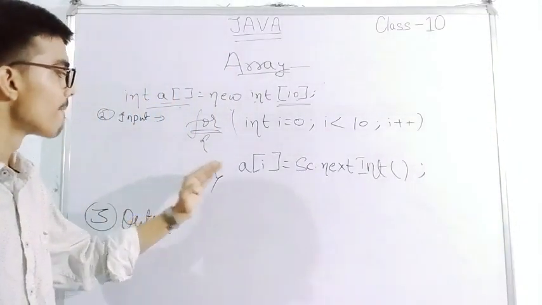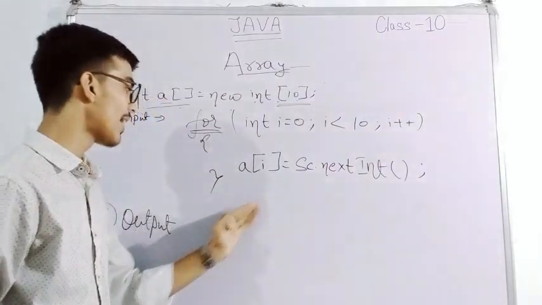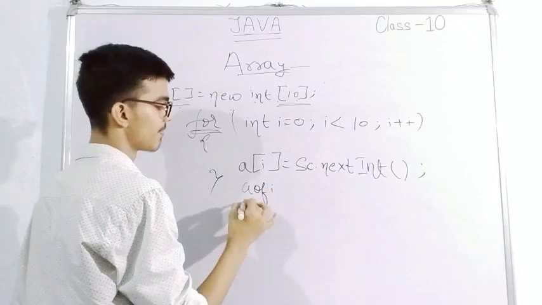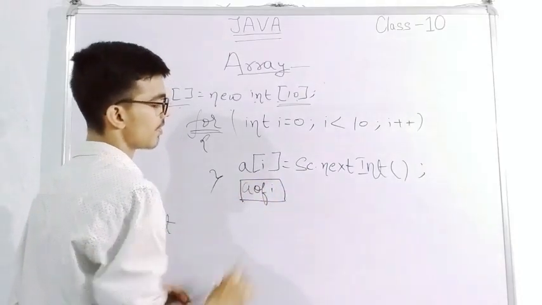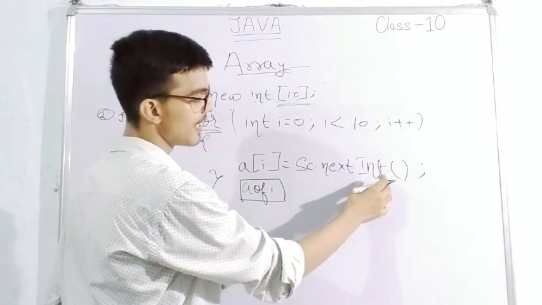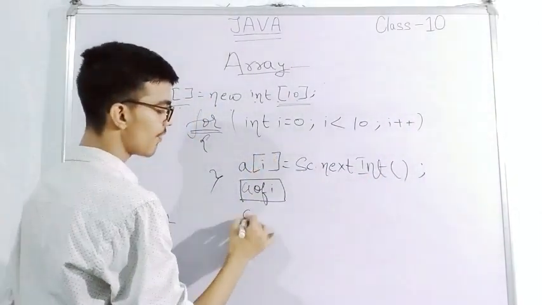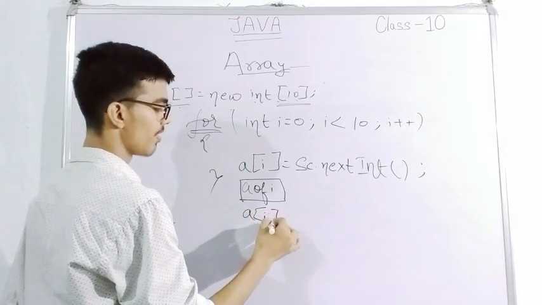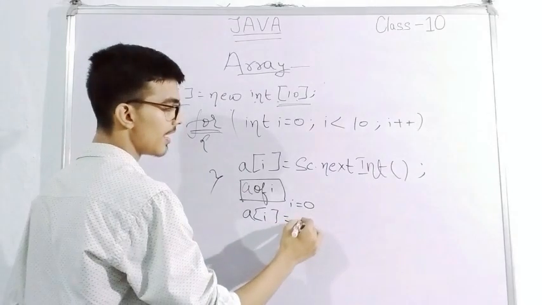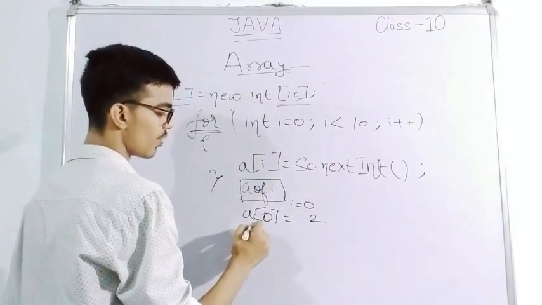After this, what we'll do? A of i is equal to sc dot next int. This means that when i will be 0, it will take one value, 2.